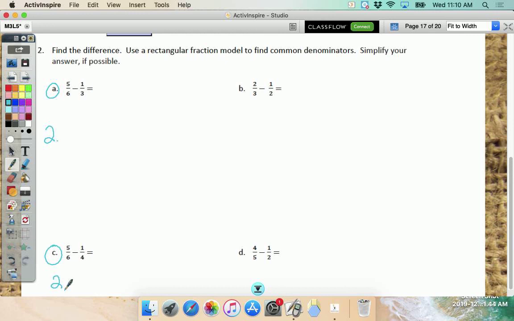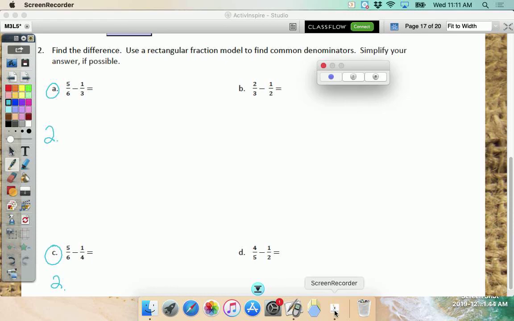The rest of them, you'll have to use method 1 where you just multiply the denominators. Okay? Now, this is the homework page. None of them on your problem set will need method 2. So I want you to do the problem set first with your partner. Then pick up a homework from the counter. And wait, I haven't even given you partners yet.